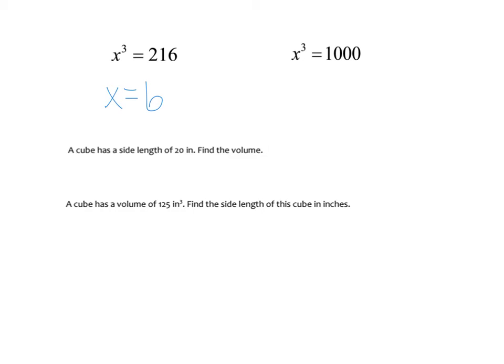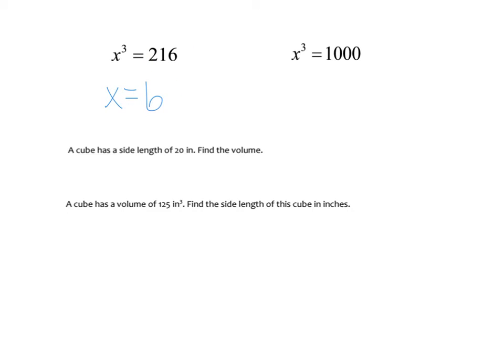Now, if you remember when we talked about squaring, every positive number has 2 square roots, a positive square root and a negative square root. That is not the case with finding the cube root, because if you cube a negative, you get a negative number. So if you're finding the cube root of a positive number, all you have is a positive root.